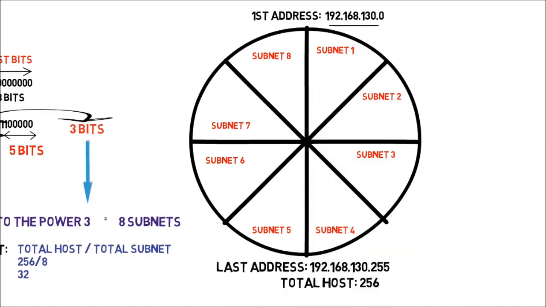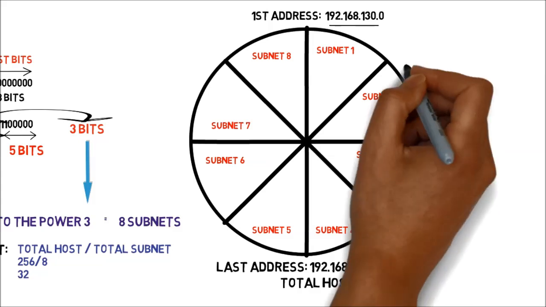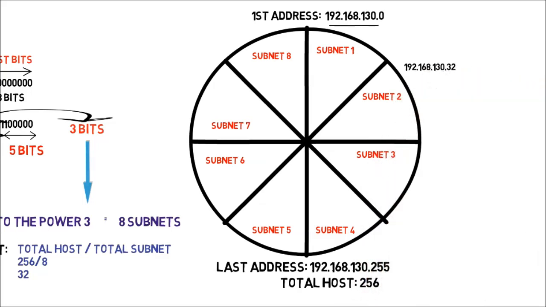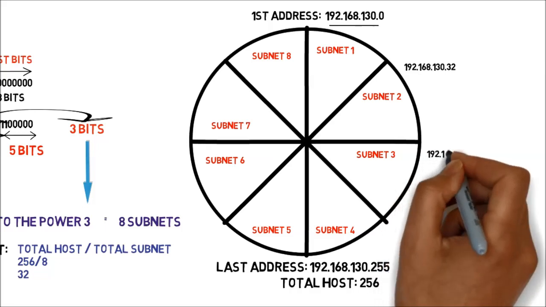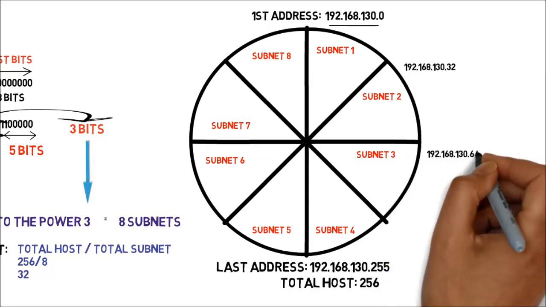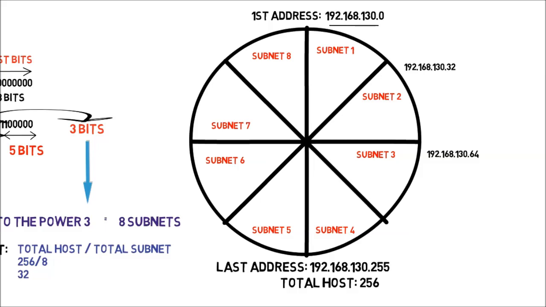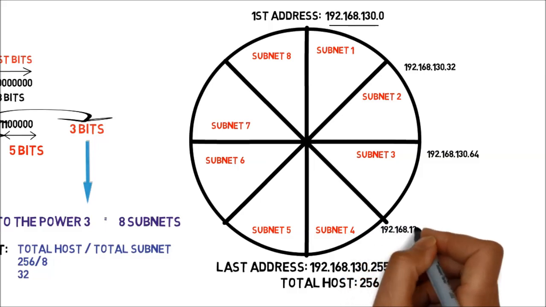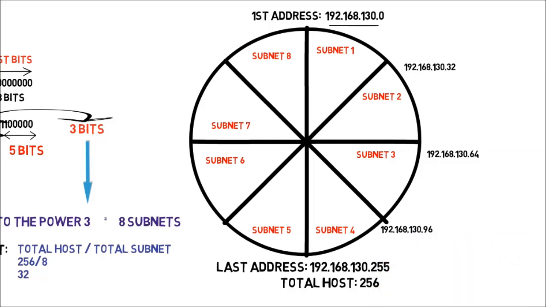This is the first address of the first subnet, and the first address of the second subnet will be 192.168.130.32, and the first address of the third subnet will be 192.168.130.64. That is the first address of the first subnet, 32 plus 32 is 64, and this is the first address of the fourth subnet.